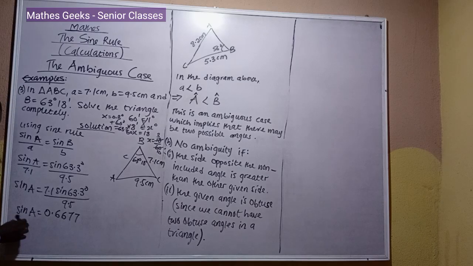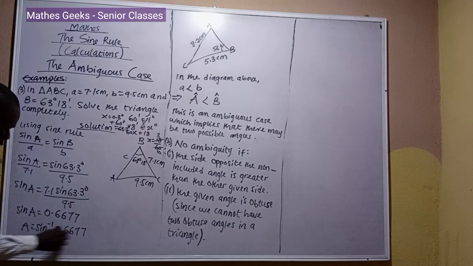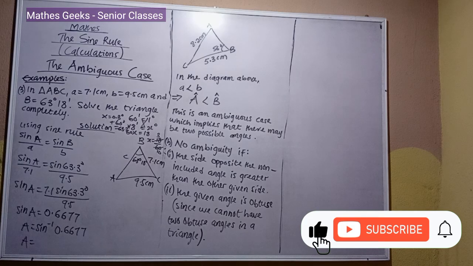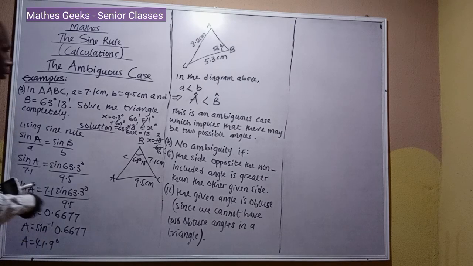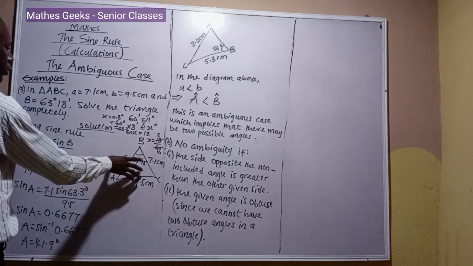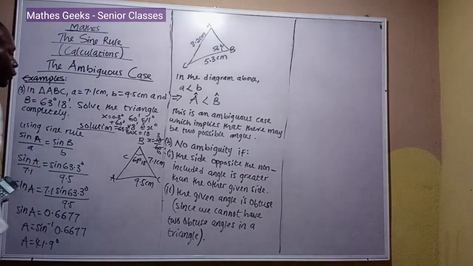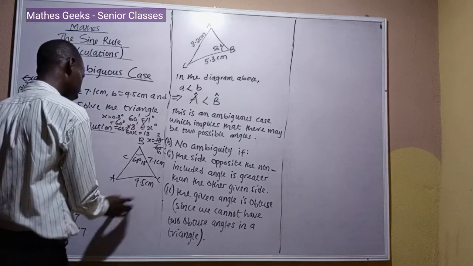So A is equal to arc sine 0.6677. A is equal to 41.9 degrees. Now, since we already know that this could be a case of ambiguity, we could decide to get the value.